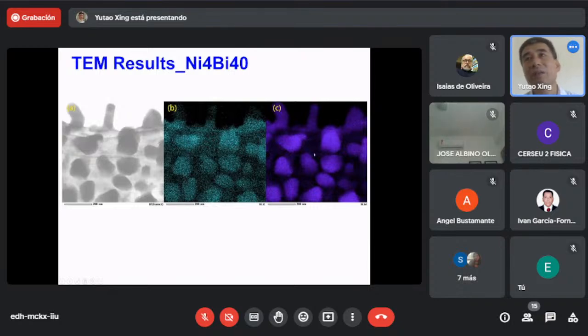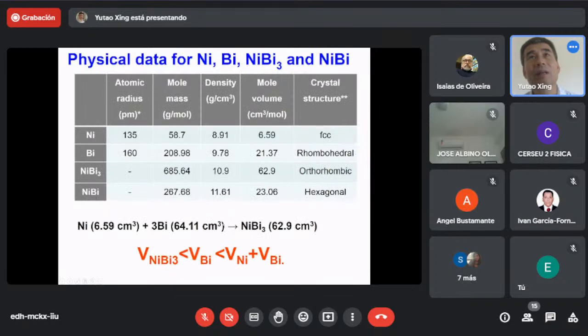You see the bismuth here. It's accumulated. And it's very interesting for us that we started to analyze the physical properties of all the materials, because we tried to understand why it occurred like this.